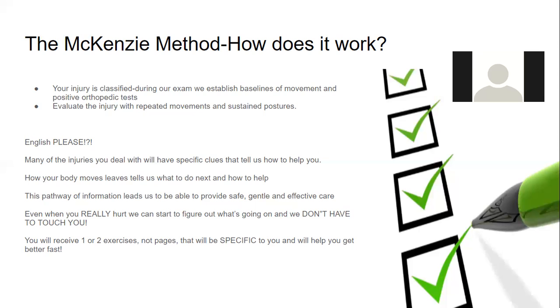We want to figure out, even when you're really hurting, what can we do to help you feel better? And so one of the things that comes to be an issue when you're in pain is, I don't want anyone touching me. The last thing I want to do when my back is killing me is have a chiropractor push on it or touch it. And so the benefit of this method is that we can have you do the movement.